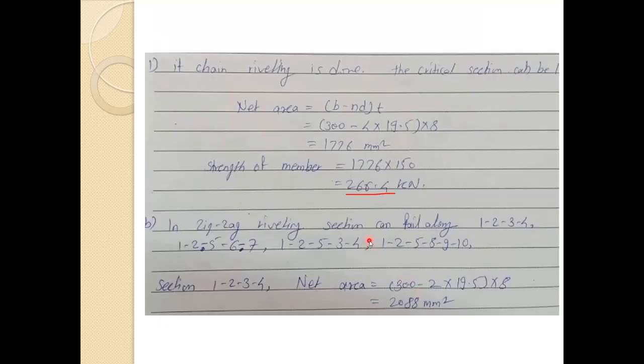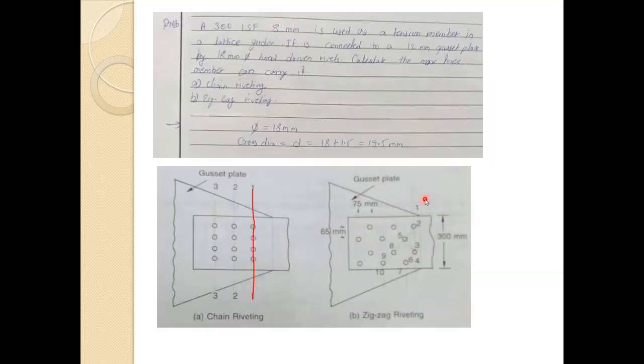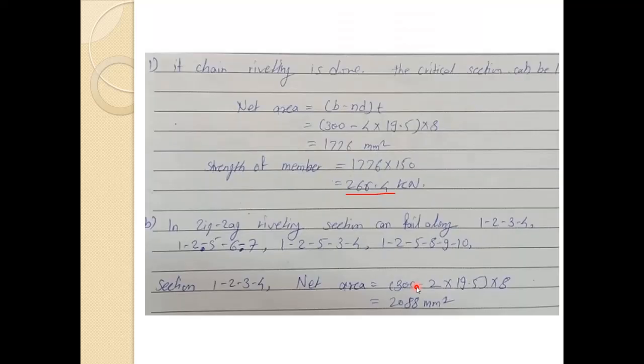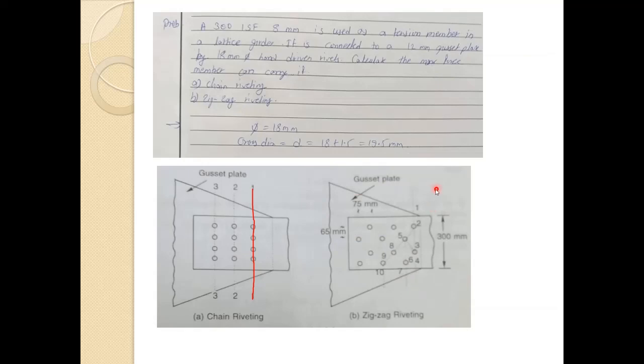The next is 1 2 5 3 4, this way, and the last is 1 2 5 8 9 10. So this way it can fail.